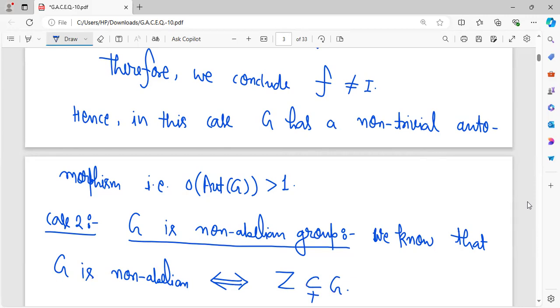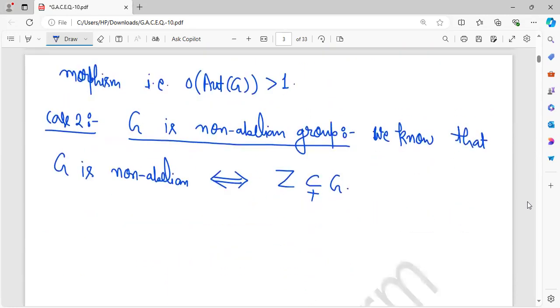G is non-abelian if and only if Z is not equal to G, that is, Z is properly contained in G.